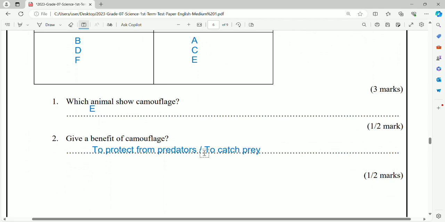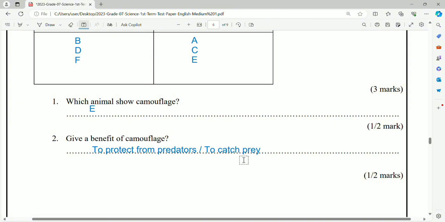And to catch prey, for example leopard: it is difficult to identify the leopard from the background, so they hide in the forest and catch their prey.